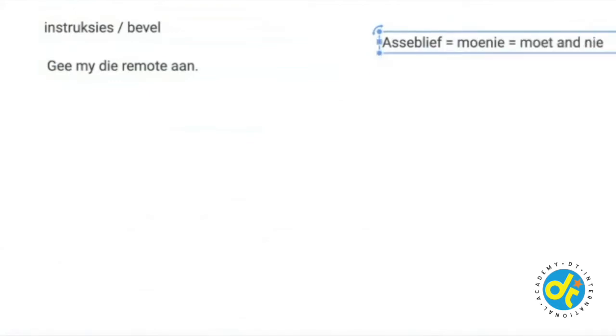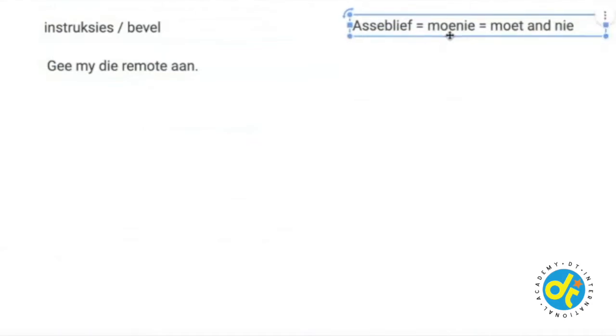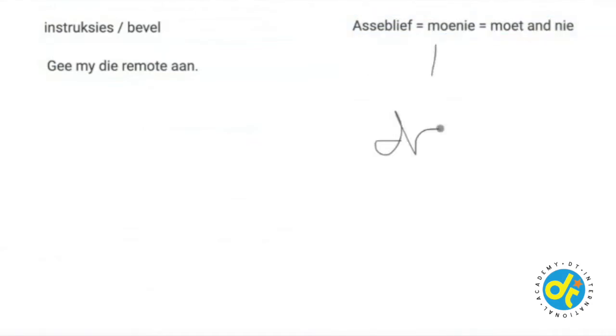The one is if they have an asseblief in the sentence, you'll cut up your moenie into moet and nie. Moet and nie comes from moenie, and moenie is the equivalent of don't in English.